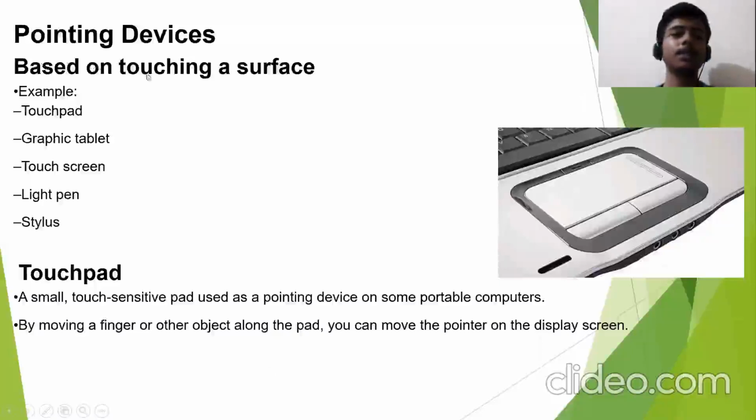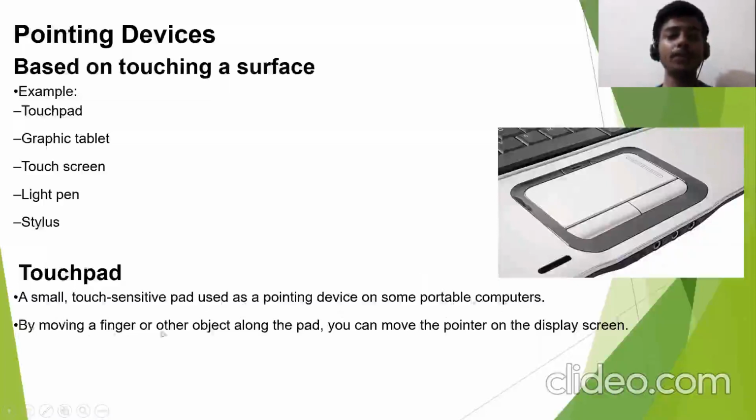Pointing devices based on touching a surface. Example, touchpad, graphic tablet, touchscreen, light pen, stylus. First type, touchpad. A touchpad is a small touch-sensitive pad used as a pointing device on some portable computers.